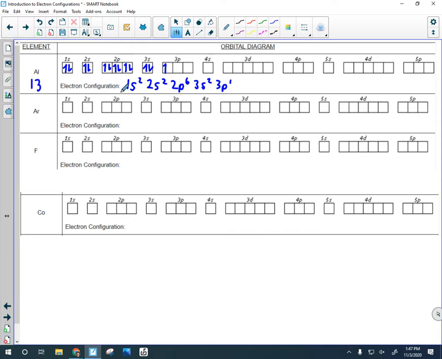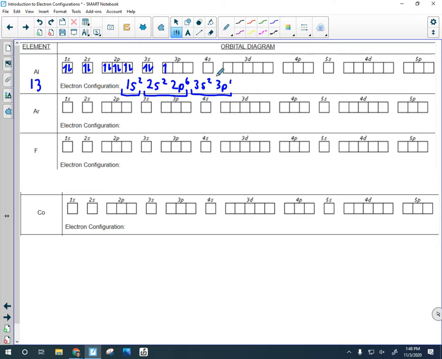And I like to go ahead and just kind of bracket out the electrons in the same principal energy level. So in the first principal energy level, we just have the 2 electrons. In the second principal energy level, we have actually a total of 8 electrons. And then in the outermost third principal energy level for aluminum, we have 3 total electrons. And again, those are going to be kind of our most important electrons because they will be involved in bonding.